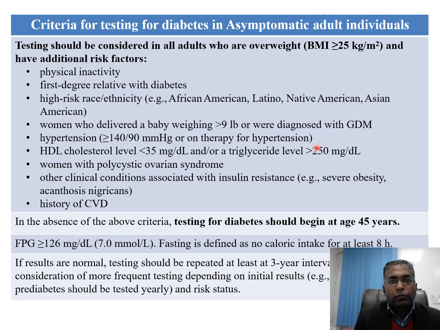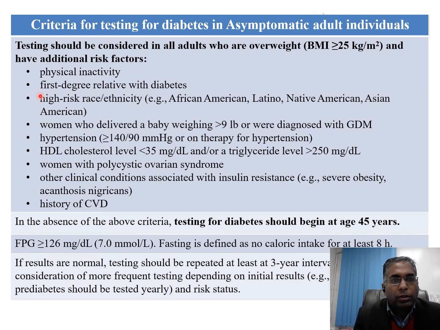So after future therapy, we should know some criteria for testing of diabetes in asymptomatic adult individuals. Those who are symptomatic have classical symptoms of diabetes mellitus like polyuria, polydipsia, or polyphagia. Many persons are still asymptomatic, and diagnosis is to be done depending on their features.